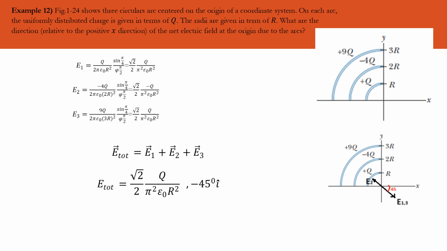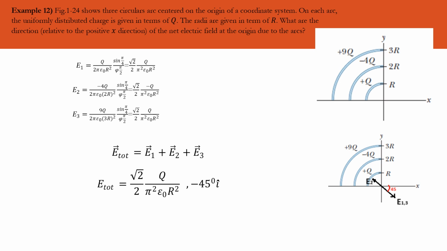E total, since each one of the electric fields is a vector, equals E1 plus E2 plus E3 in vector notation, not in a normal sum. Now, everybody, it's your job to find the direction. In the previous slide, it was proved that due to symmetry, the direction of the electric field due to any arc passes through the midpoint of the arc.